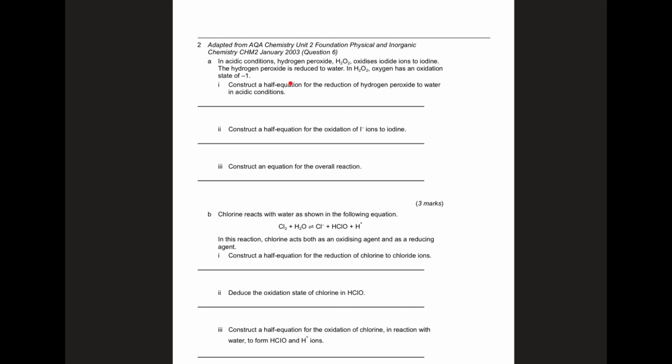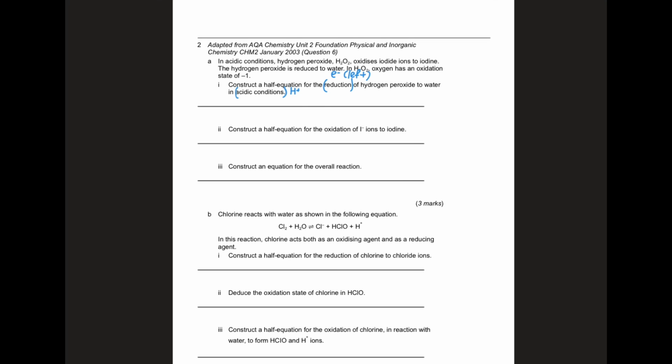Construct a half equation, again a half equation for the reduction. So we have to put electrons on the left for hydrogen peroxide to water in acidic condition. Acidic condition means you have to put H plus. So I just highlight these two important words first. This one you have to put H plus. This one you have to put electron on the left.